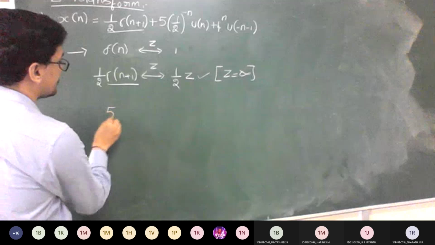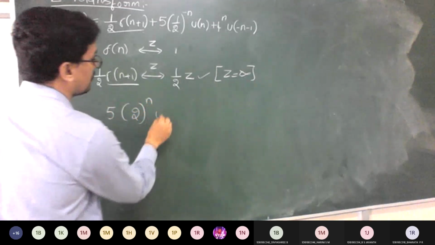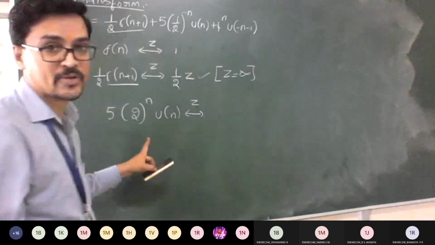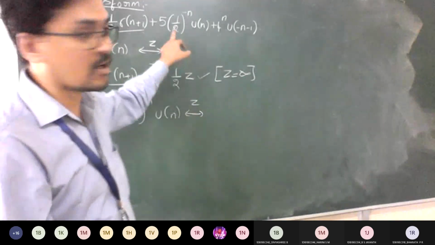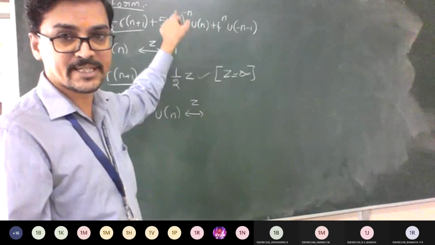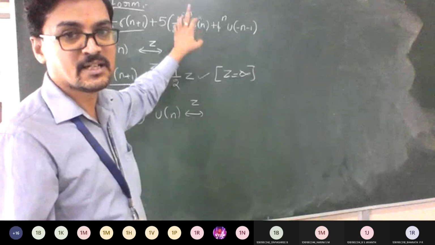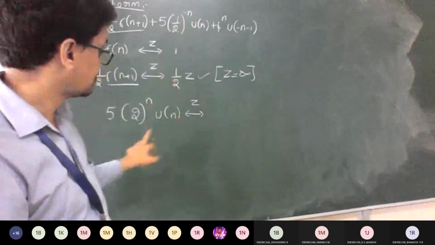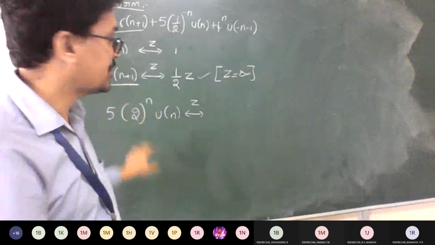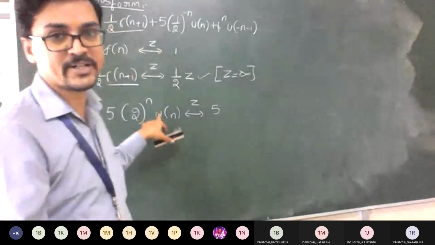So can I make it 2 power n u of n? Yes, sir. There is no formula for a power minus n into u of n. The formula is for a power n into u of n. Even if we find minus n, we can take the reciprocal of the factor and make it the form a power n. The 5 is kept constant. Now this is in the form of a power n into u of n.